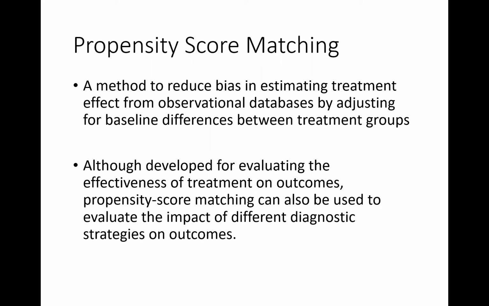That is, if you have a very large database, and you want to determine the effect of the treatment, some of the people get the treatment because of characteristics of their underlying disease. And so that would bias your outcome. And so what you want to do is be able to pick matched groups that are unbiased relative to what their prognosis would be and the choice of why they got the treatment.